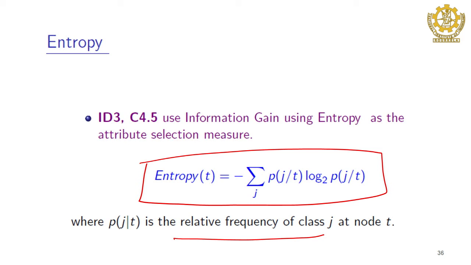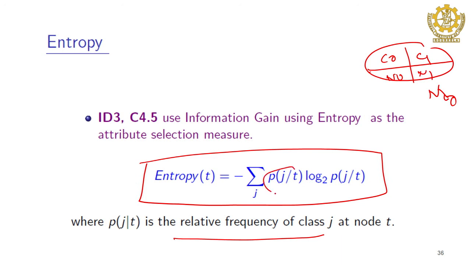Entropy of each node works the same way. We have a node, let us say M 0, and then you have a 2 class problem, that is C 0 and C 1. You can go with a multi class problem, that is not a problem. Then C 0 has how many nodes? Let us say N 0 and N 1. Then you compute the PJT.